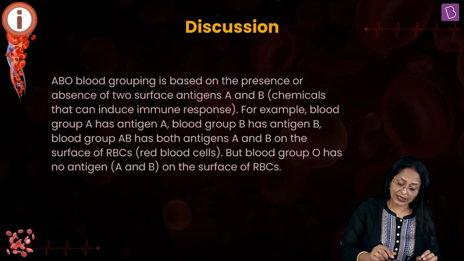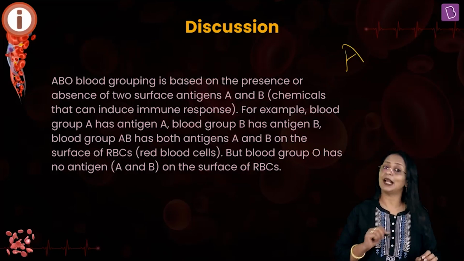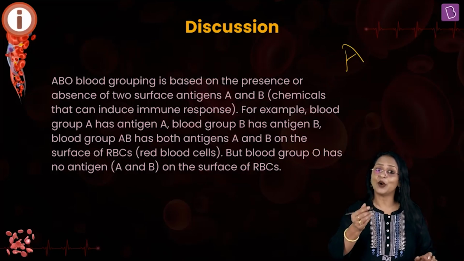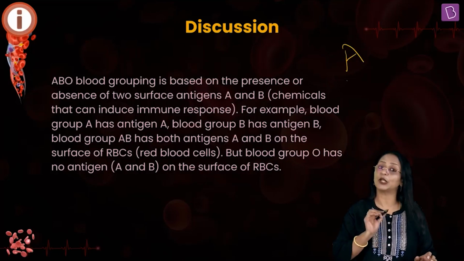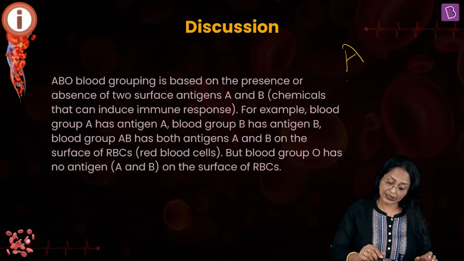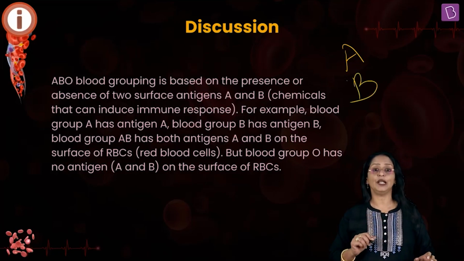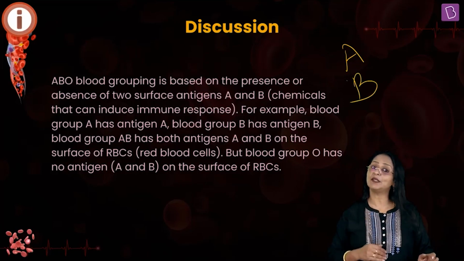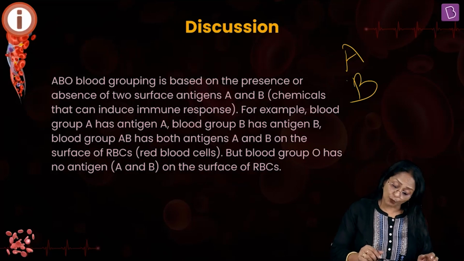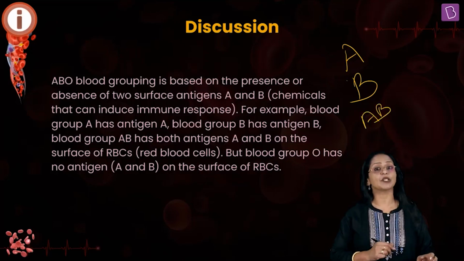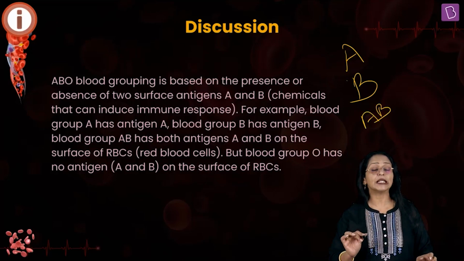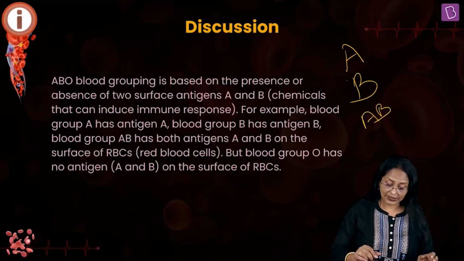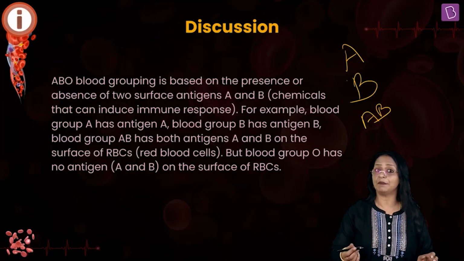If a person has antigen A on the surface of the red blood cells, he is blood group A. If the person has antigen B only, that person has blood group B. Suppose both antigens A and B are found on the surface of the blood cells, we call it AB blood group.